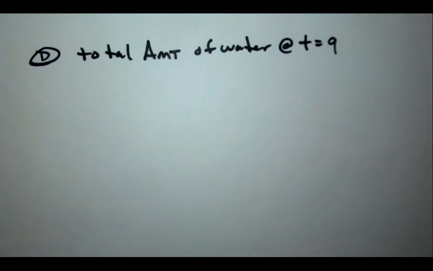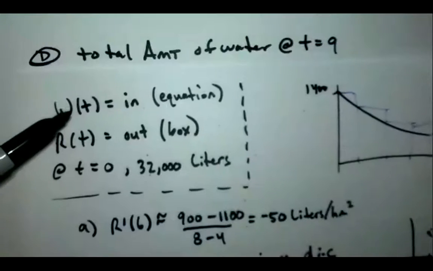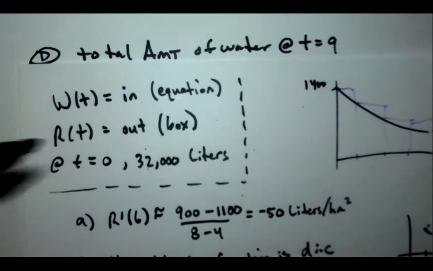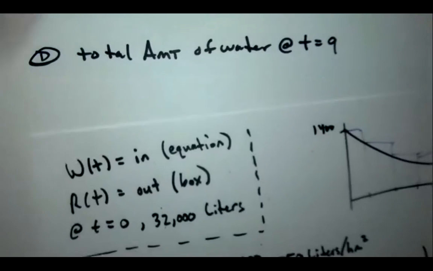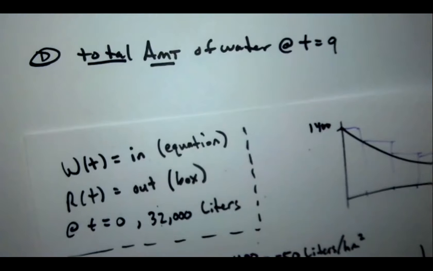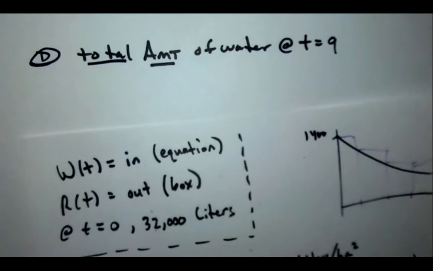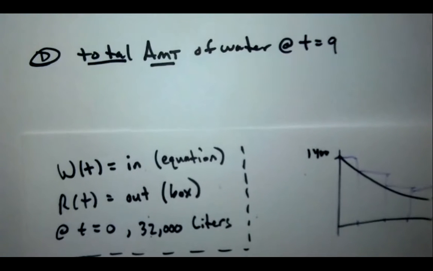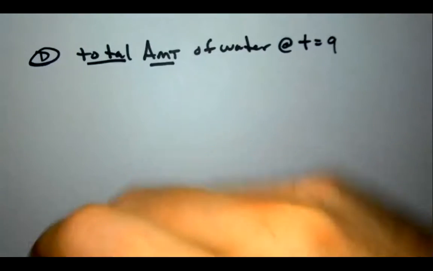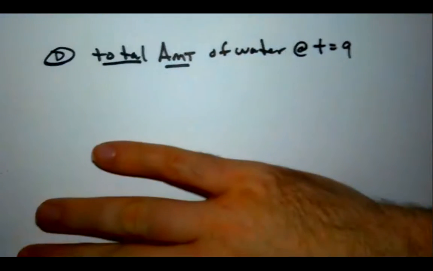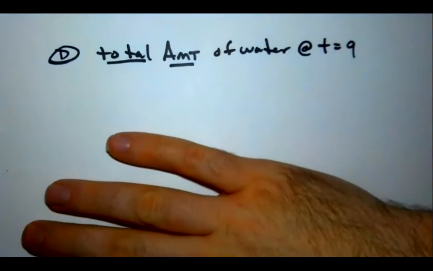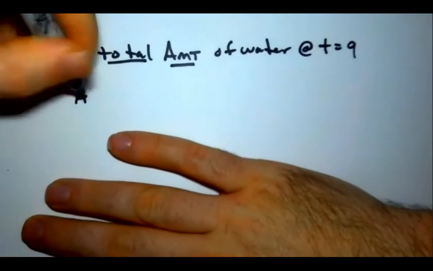That's why I tell you to make a little legend before we start. How much did I start with? What's the total amount? Keyword, total amount. What does total amount tell me to do? Take an integral, okay, of water in and then water out. So what would my setup be? I like to make a function for the total amount. I call it the amount function, A of t.